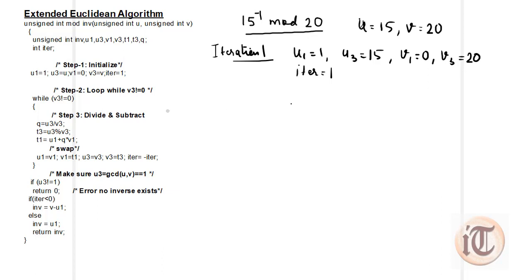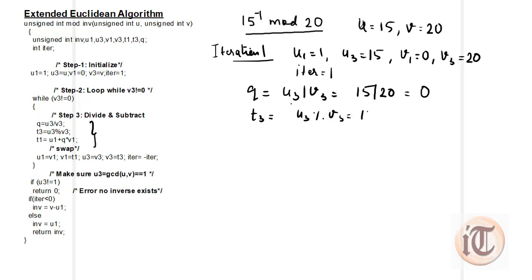Step 3 is divide and subtract, in which we have to calculate all these values. According to step 3, we have to calculate the value of q, that is the quotient. Quotient is u3 divided by v3. So this becomes 15 divided by 20, so the quotient will be 0. Then we have to calculate the value of T3. T3 is u3 mod v3.